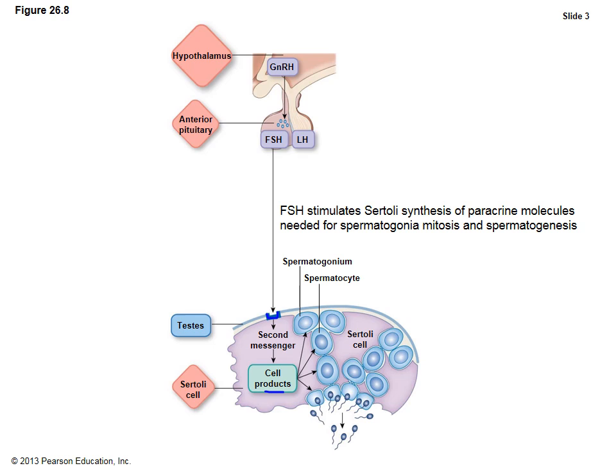All of these paracrines and molecules produced by the binding of FSH are used to send the germ cells, or the spermatogonia, into mitosis, producing more germ cells, and then moving on from mitosis into spermatogenesis, so into the meiotic divisions.